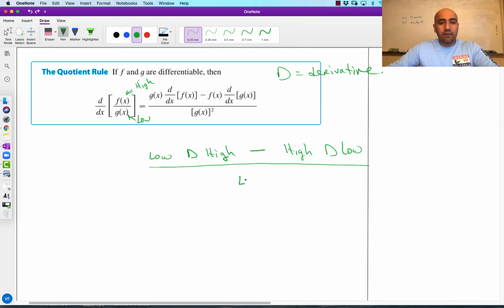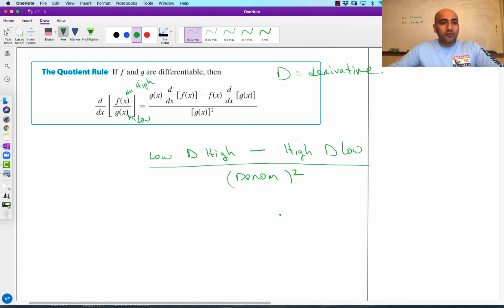The song says over the denominator squared we go, where the low means the g and the high means the f. It's got to be in this order, so if you do it in a slightly different order, you're going to get the wrong answer.